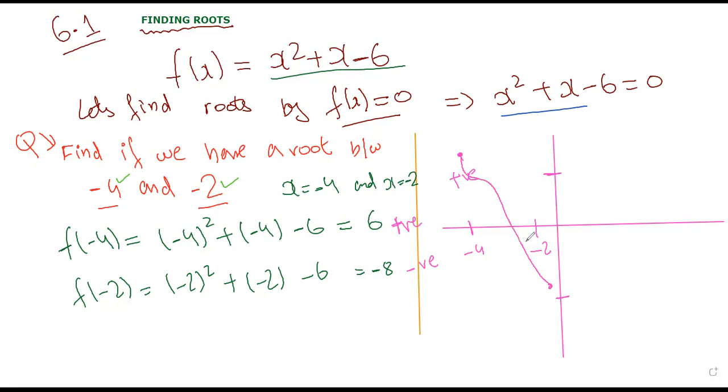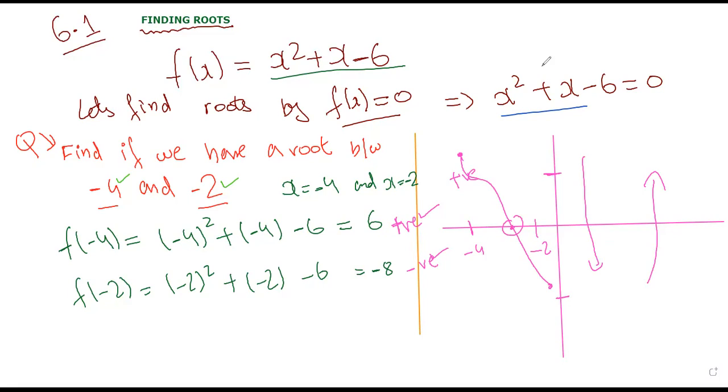The only thing we can see is that yes, there is a point between -4 and -2 where our graph is cutting the x-axis. And this was very clear by seeing that one value is positive and the other value is negative. Whenever we are going from positive to negative, or negative to positive, definitely our graph is going to cut the x-axis. Do you understand this? Yes. Sure? Can you repeat? Definitely I can repeat.